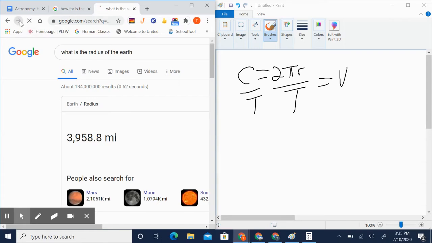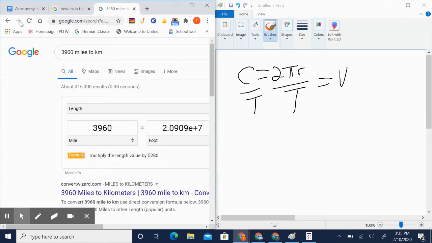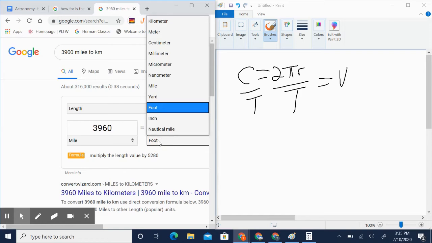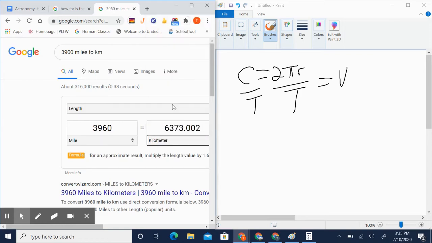Without much difficulty, there are nice conversions that can be done right in Google if they're online or on their phones. All they would have to do is type a number in and pick the right units. We wanted kilometers, so they're going to get a number like that.